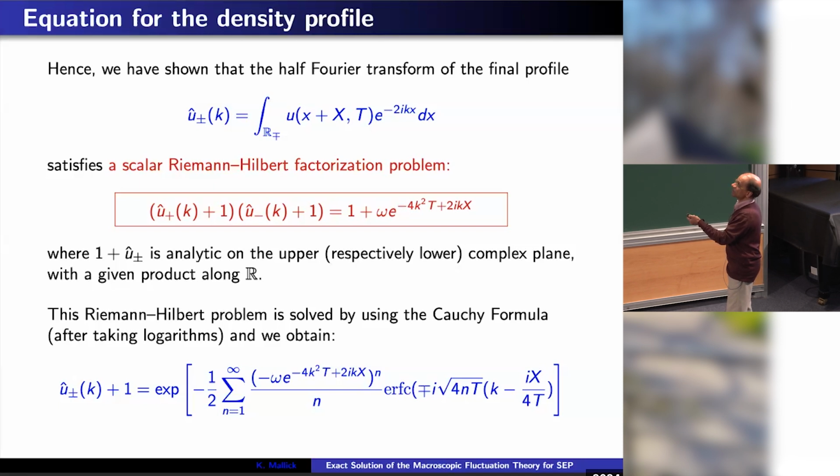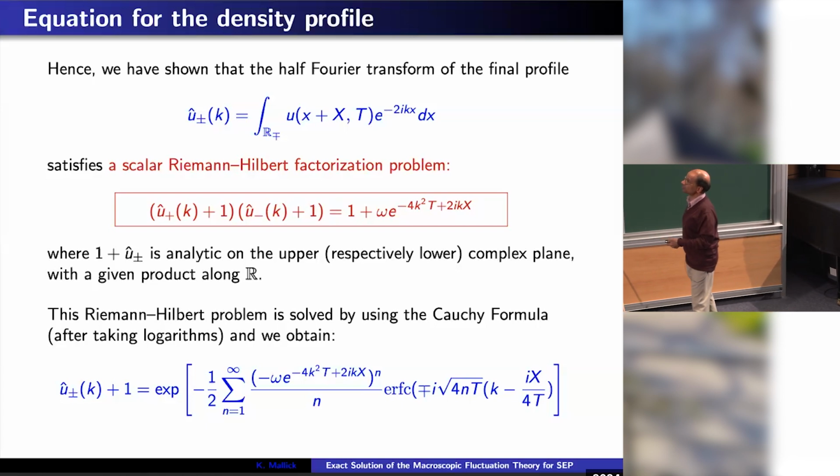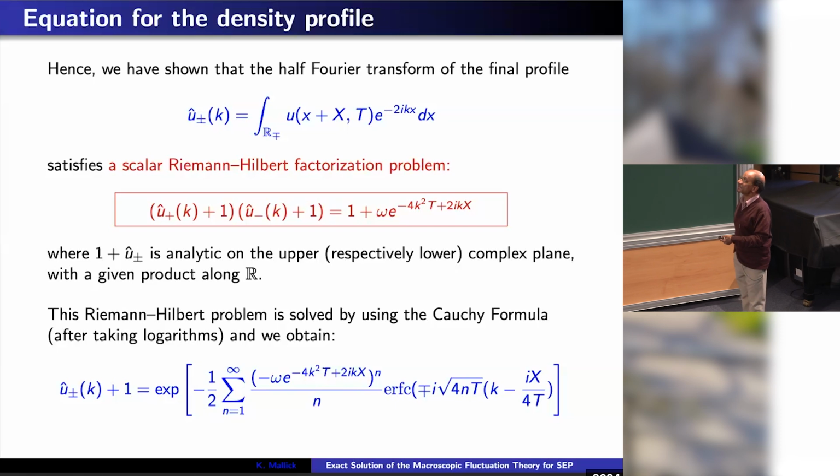This is the negative part of my Fourier transform, which is analytic in the lower complex plane, or maybe the opposite. And the product of these two things has to be equal to a given function, which is essentially a Gaussian.